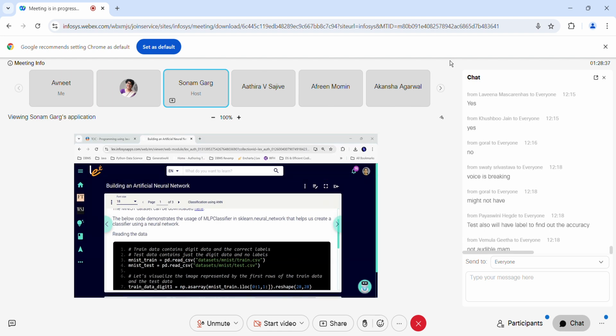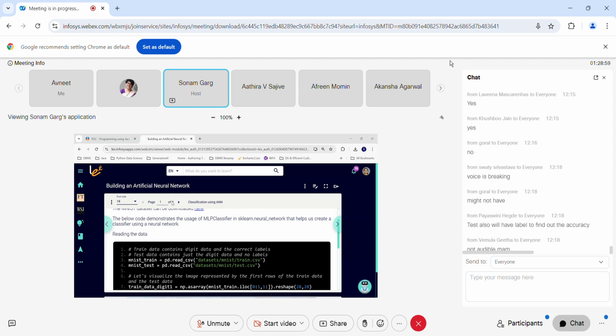Let me see whether it has or not. This test data doesn't have labels. That means we'll be using it for predicting.